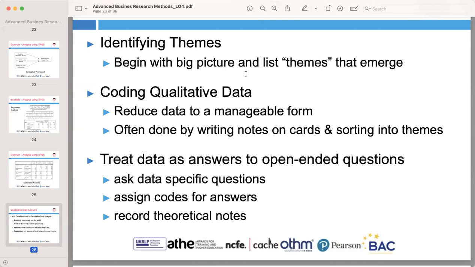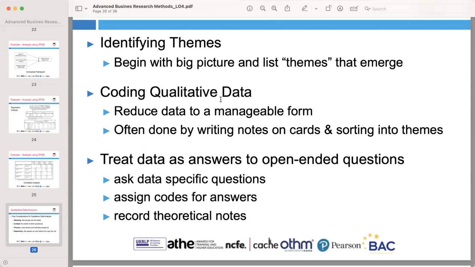Coding qualitative data: reduce data to a manageable form, often done by writing notes on cards and sorting into themes. Once we have identified the themes, we move on to coding qualitative data. Coding is the process of assigning labels or codes to segments of data that are relevant to specific themes.